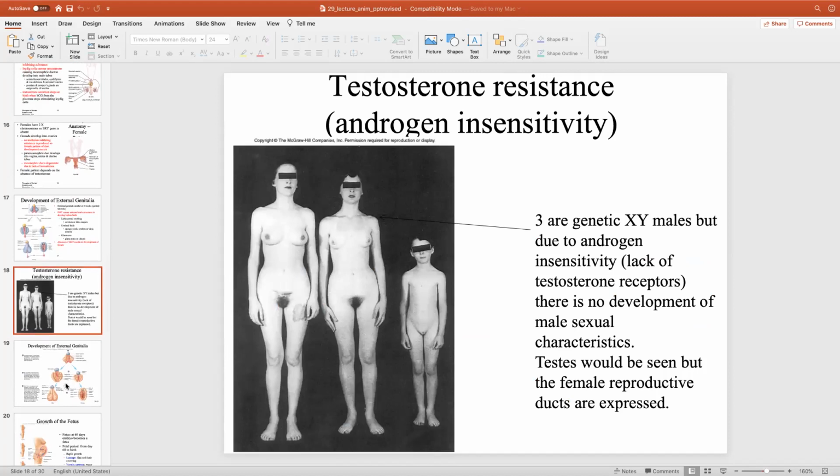Again, with androgen insensitivity, usually when there's an issue where there's testes and then what looks like fallopian tubes and uterus, all three of them are sterile, right?